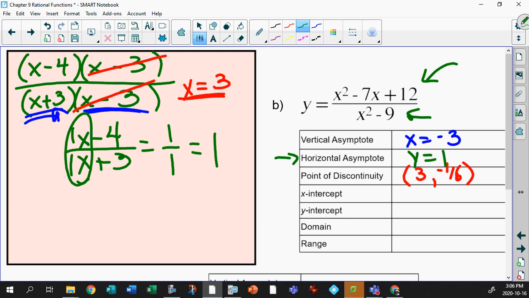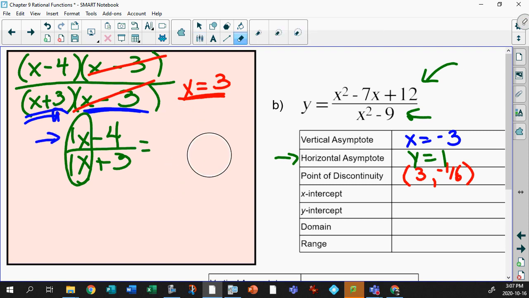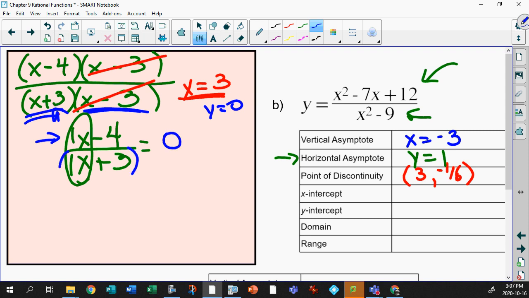Oh, how beautiful. X-intercept. Do you remember x-intercept? You only had to worry about the numerator. Why? Do you remember why? This is the thing that's so crucial. Because in an x-intercept situation, y equals 0, which means this is 0, which means this would be cross-multiplied, that would be cross-multiplied. 0 times anything down here doesn't matter.